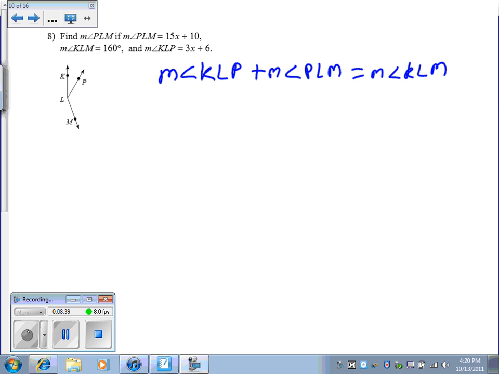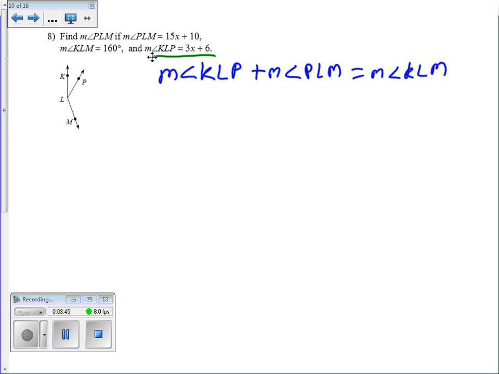Okay, so the measure of KLP is given as 3x plus 6 plus the measure of PLM. PLM is what we're looking for, but it is also given the equation of 15x plus 10. And KLM is given as 160 degrees.